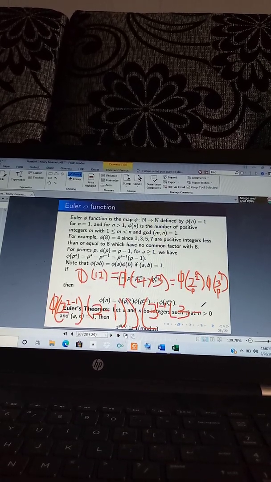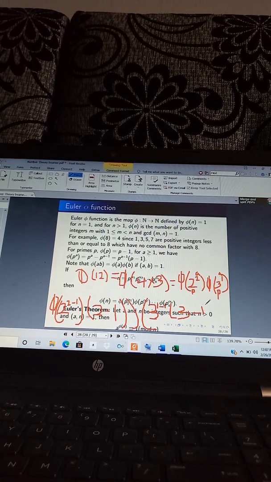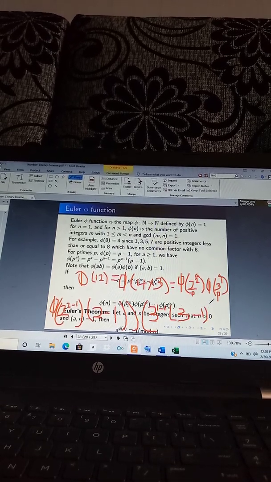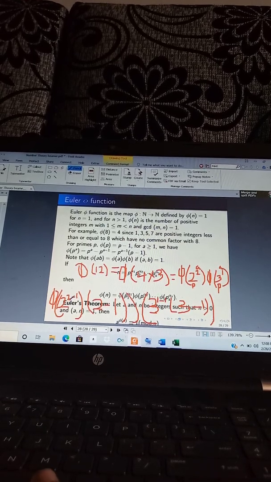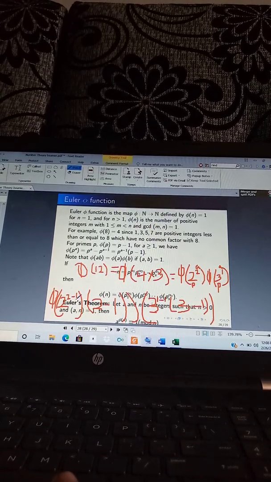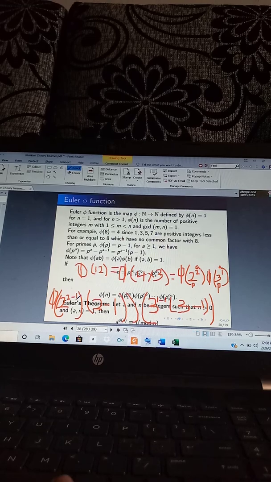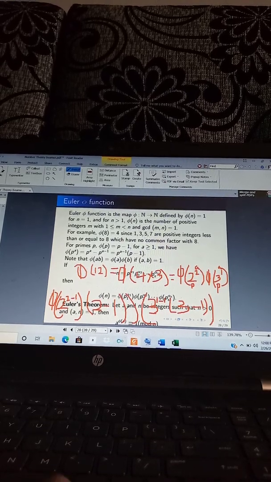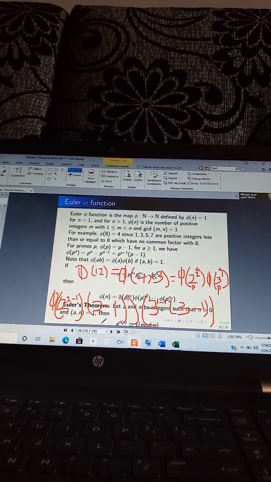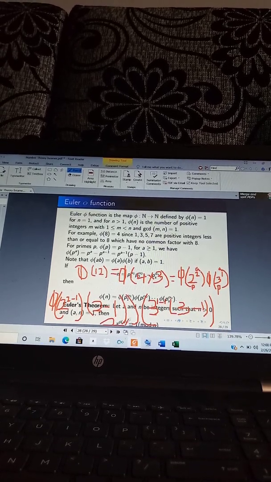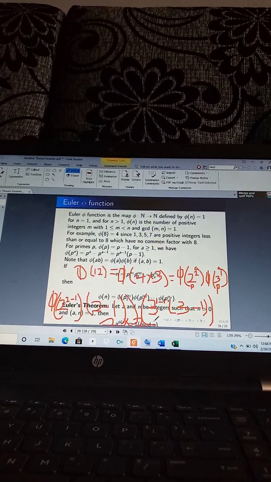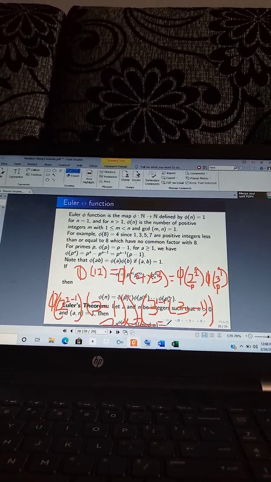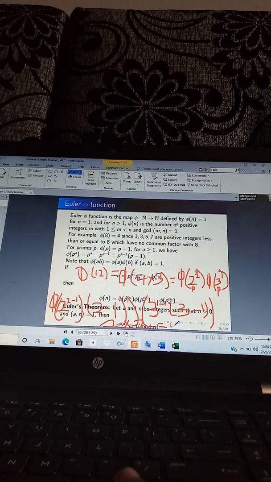So that's 3 minus 1. If we solve this, 2 raised to power 2 minus 1 is 2 raised to power 1, that's 2, and 2 minus 1 is 1, so this one will be 2. So we are going to have 2 times 2, and that will give us 4. So the Euler-phi function of 12 is 4.